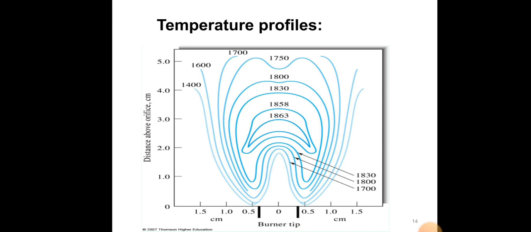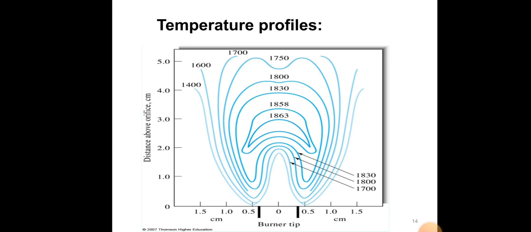Here you can see the temperature profile of a flame. As you can see, in the lower height of the flame, the temperature is low. It is, for example, 1700s, and then it increases in the upper levels to 1800s, and then 1830 and 1863.